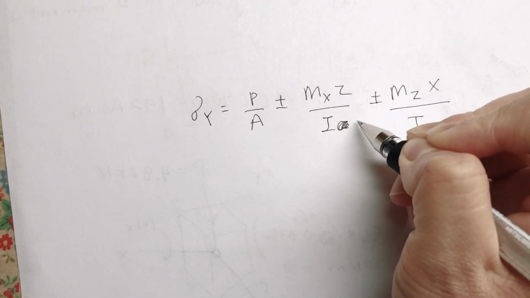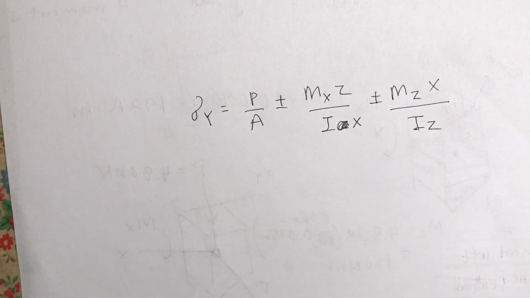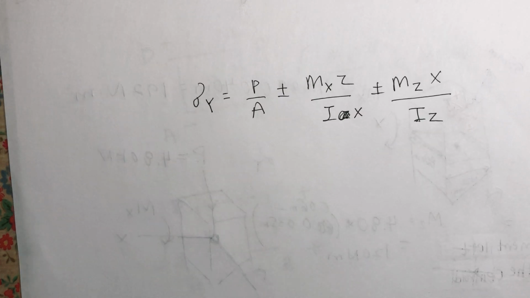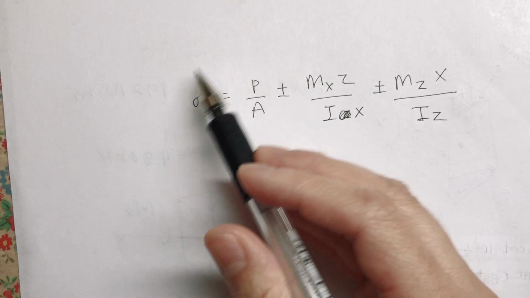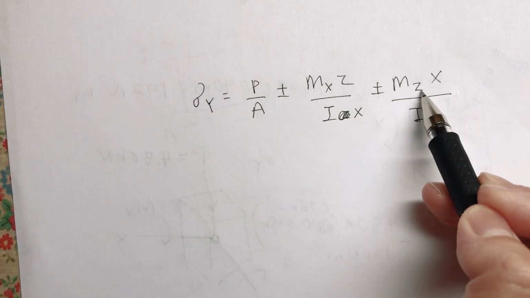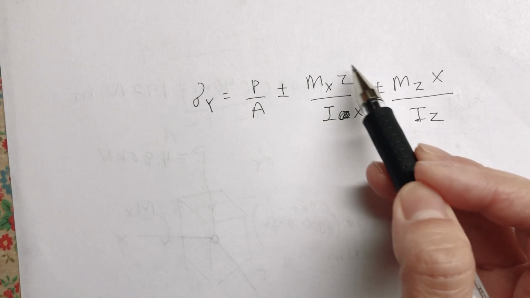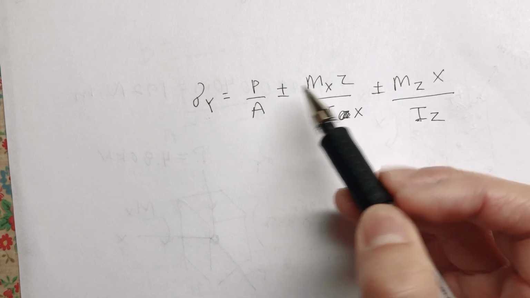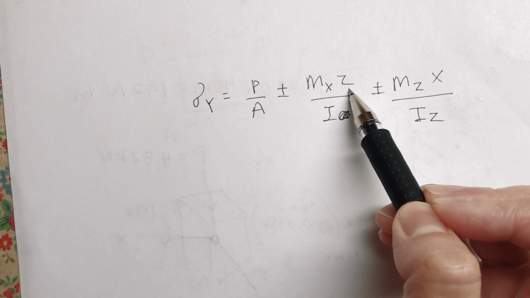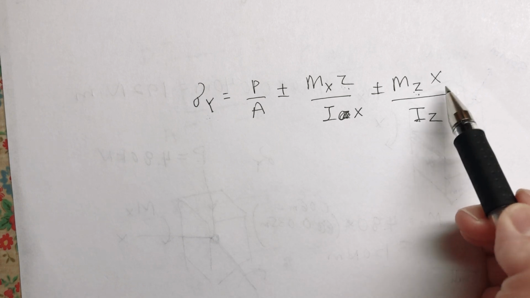Oops, this is x, this is z. If you're looking at stress y, then it's going to be the other two variables, mx and mz. And this variable is going to be that third variable. So for mx there's y, so this is a z variable. Here mz, it's zy, so this is an x variable.